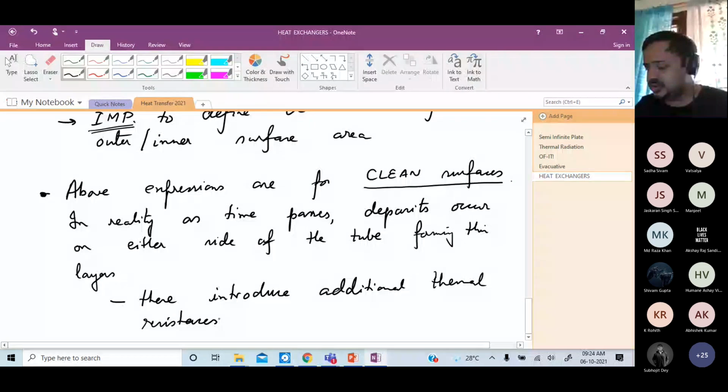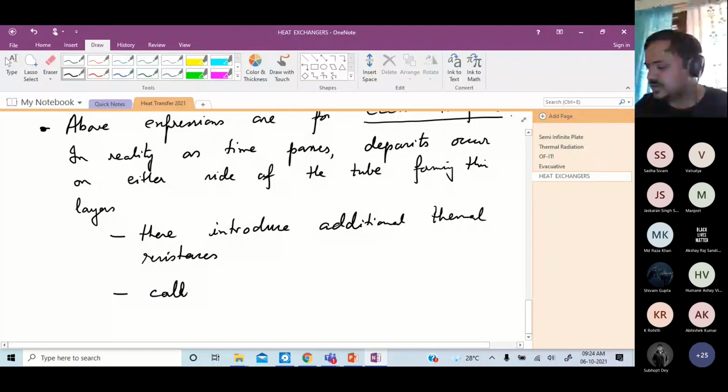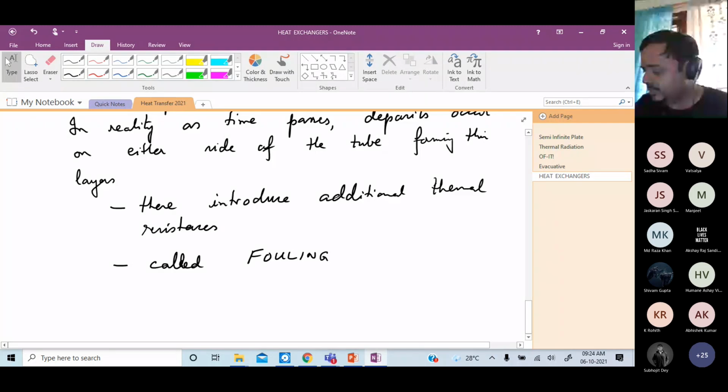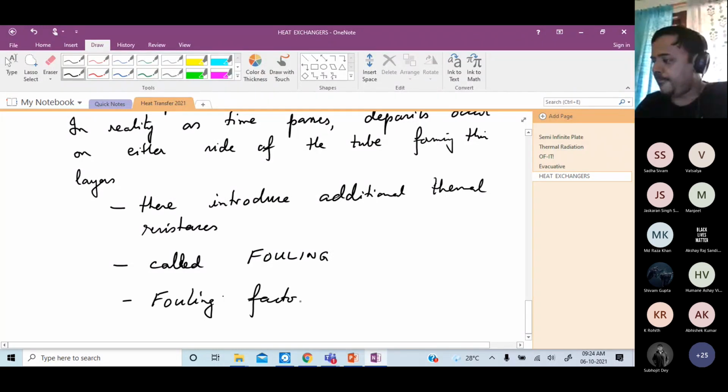So this is actually called fouling resistance, fouling of the surfaces. And these resistances are called the fouling factor, typically denoted as R_f double prime, and the units are meter squared Kelvin per watt.